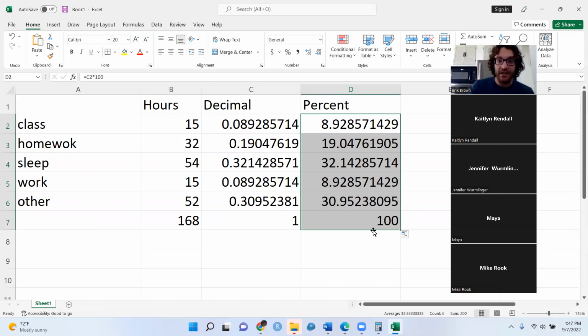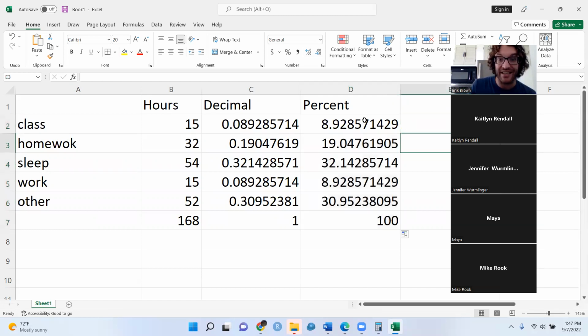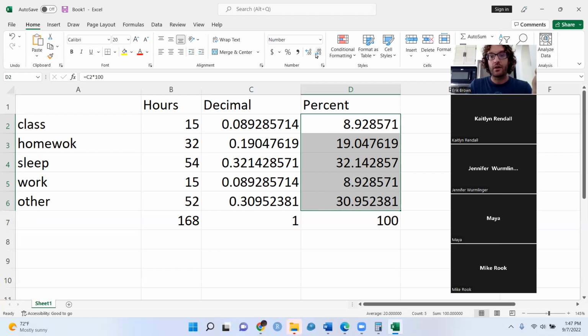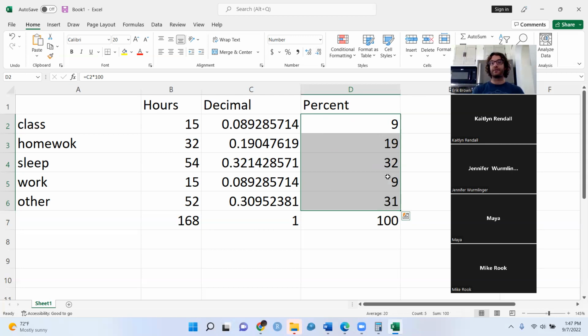Now the author wanted these rounded to the nearest percentage. These have tons of decimals. So this button here adds or does the rounding for you. It adds decimal places or removes them. So I'm clicking this one, and notice it's rounding it to, there we go, the nearest percent. And there we have it.